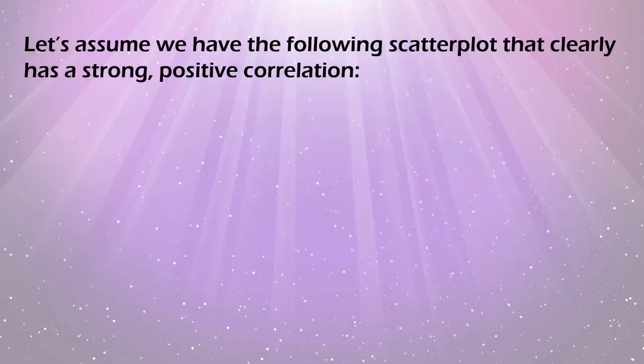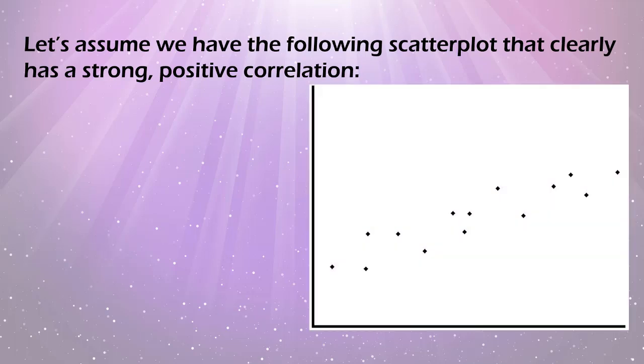So let's assume we have the following scatter plot that clearly has a strong positive correlation. You can see that these dots are arranged in a manner such that they're going upward from left to right, and that they feel like there's a straight line action there. Not perfectly straight, but kind of a fuzzy straight line moving from bottom left to the top right.